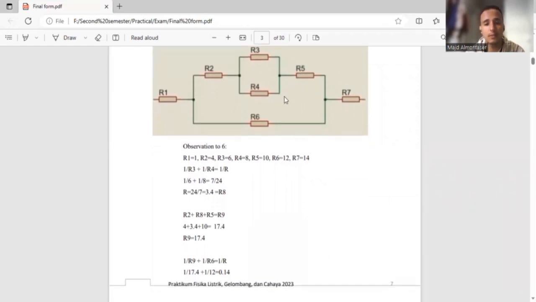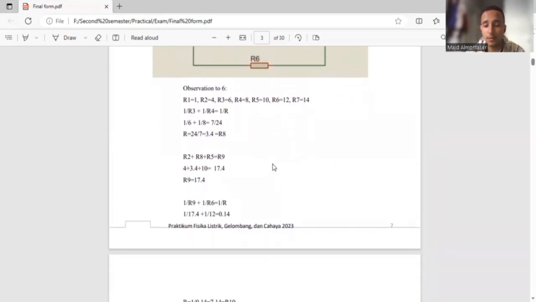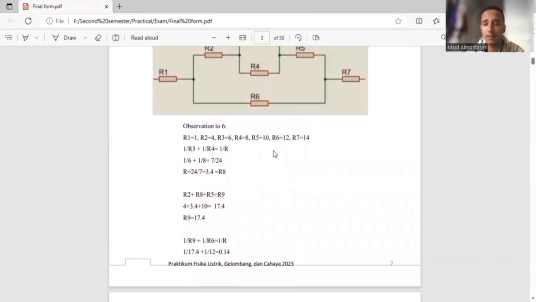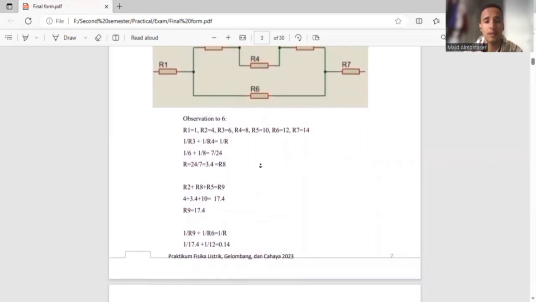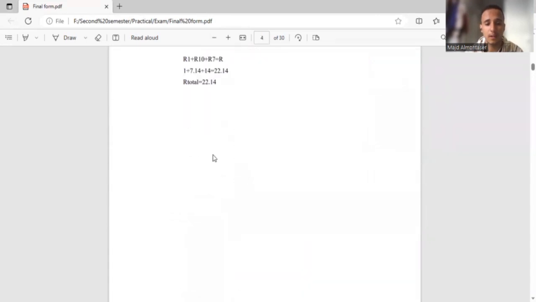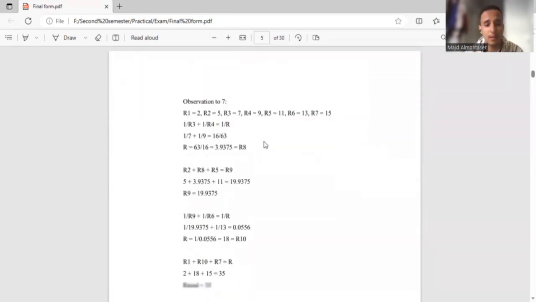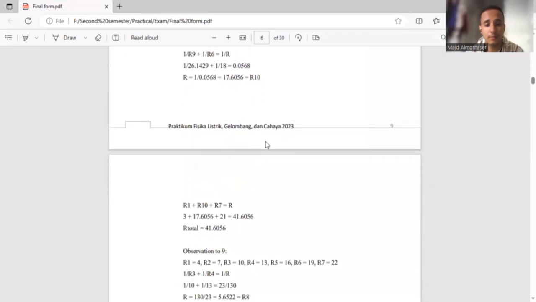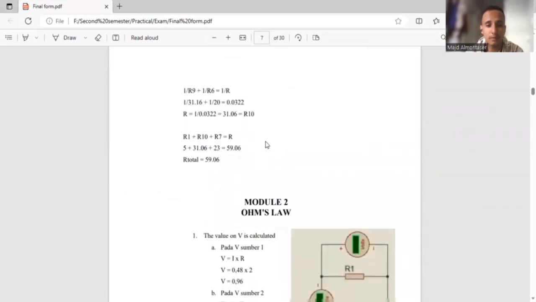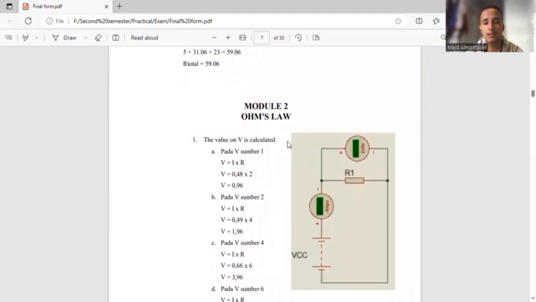And after that, we're going to calculate the rest of the circuit, whether it's parallel or series connection, as we explained before. And here are some other examples that we explained in our practicum report. And that was it about the obstacles for series and parallel connections.